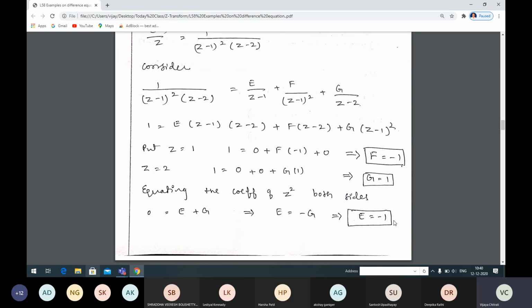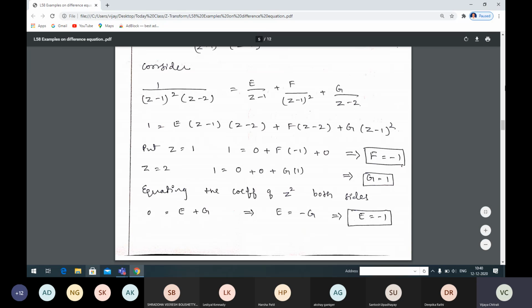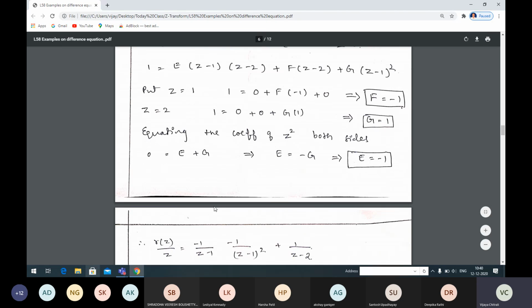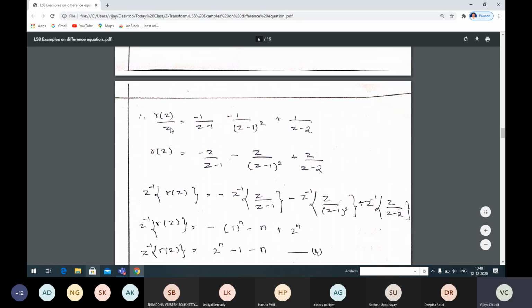Now we got E as minus 1, F as minus 1, G as 1. Substituting this, we get R of z divided by z is minus 1 divided by z minus 1, minus 1 divided by z minus 1 raised to 2, plus 1 divided by z minus 2.